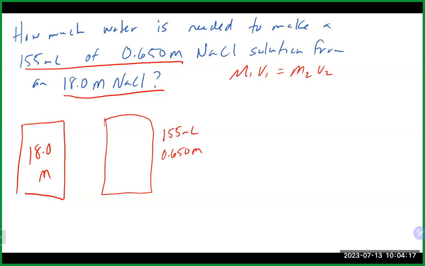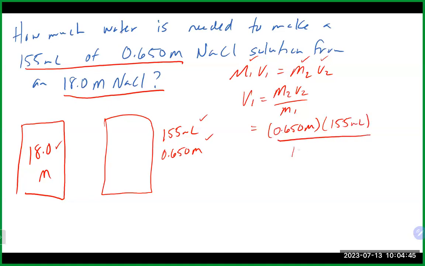In this case, we do have M2 and V2, which is our more dilute solution. We also have the molarity of our more concentrated solution, which is our 18 molar. So we're going to solve for V1 again, and that's going to be M2 V2 over M1. And I am going to leave it in milliliters in this case because it's okay to do so.